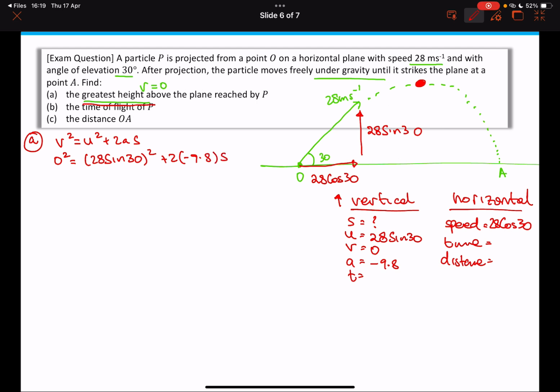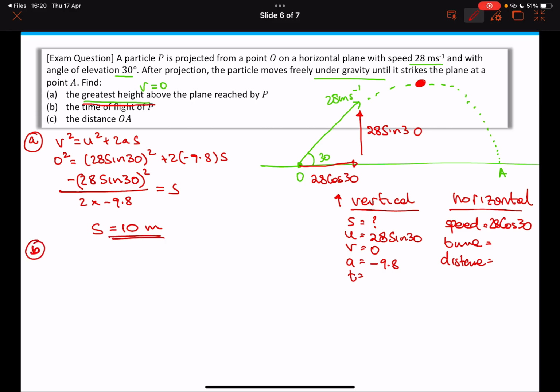When you take this to the other side, that becomes minus (28 sin 30) squared, again putting the minus on the outside, over 2 times minus 9.8, equal to s. Therefore s in this case is equal to 10 meters if you put this in a calculator.